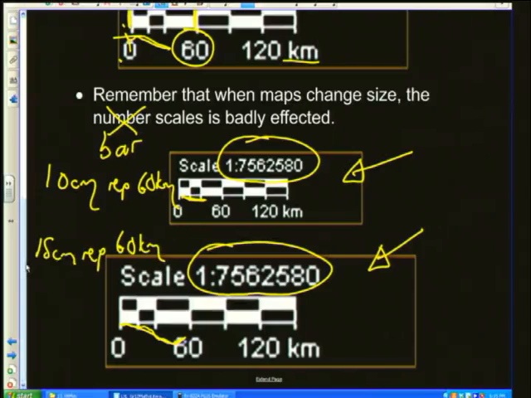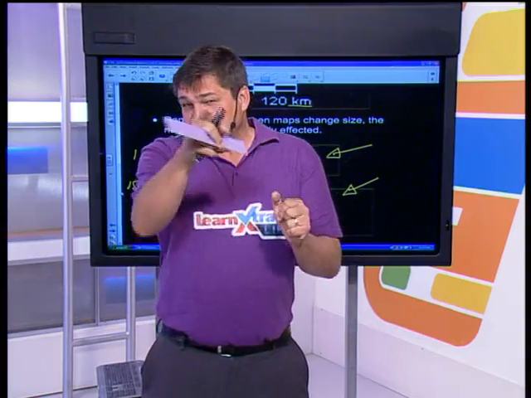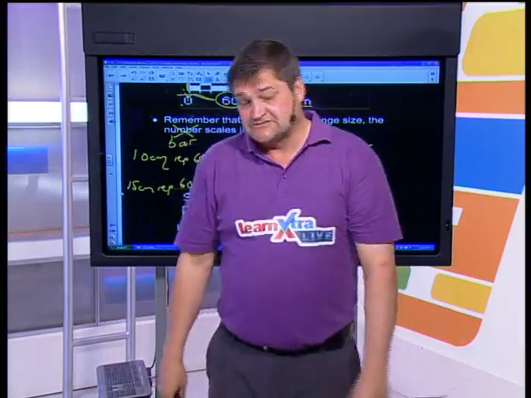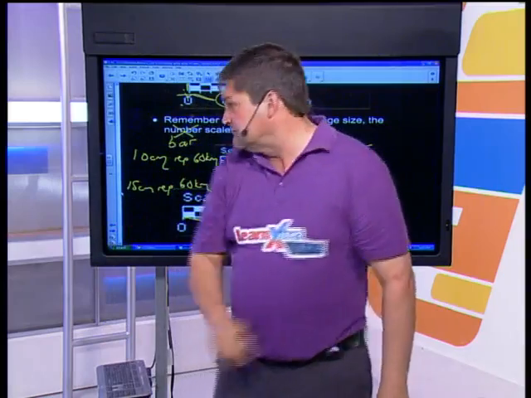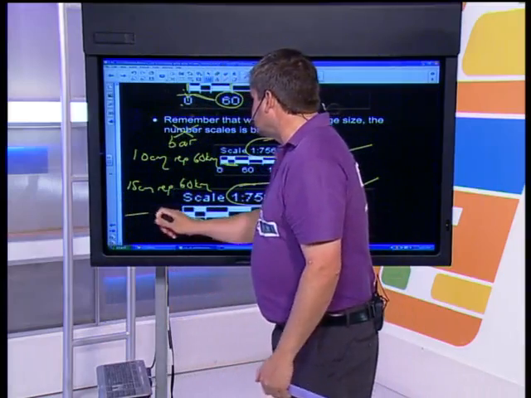Now something's wrong, because initially I'm telling you that that distance represents 60 kilometers. Then later on I'm telling you that this distance represents 60 kilometers. At the same time, my number scale is staying the same. Now guys, what I need to tell you is this. The more accurate scale would be my bar scale.